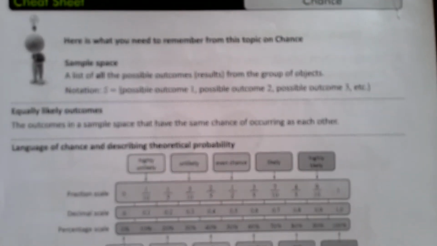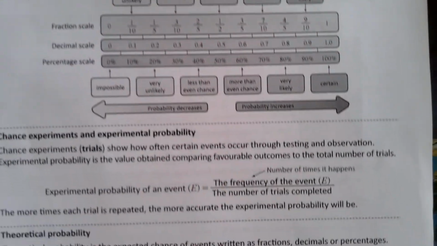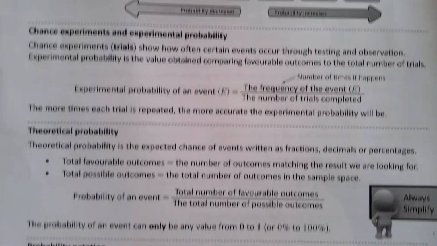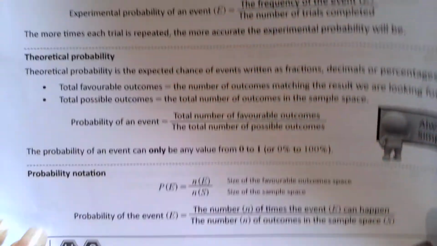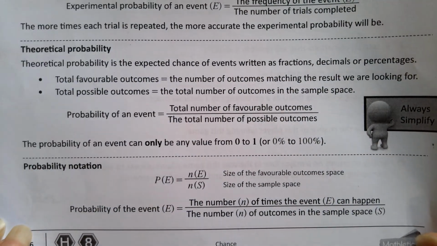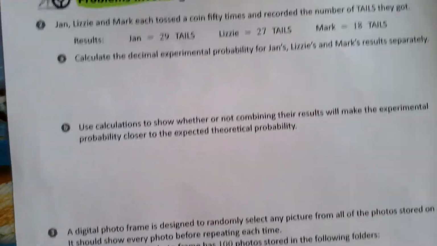Quite a few questions for you to work your way through, and I believe you have a cheat sheet at the back. Now we've already covered the sample space, equally likely, the language, the formulas, the experimental and the theoretical, and we're looking at the notation. We covered all of those in the previous videos.